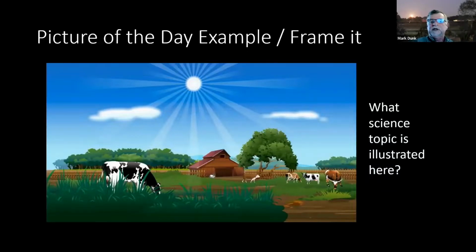So what Lisa has done is she has put this into the context of the first step of this activity, which is called frame it. So what you do is you would show the students this image and then present them with this question that's over on the right. What science topic is illustrated here? And you could ask for their input.